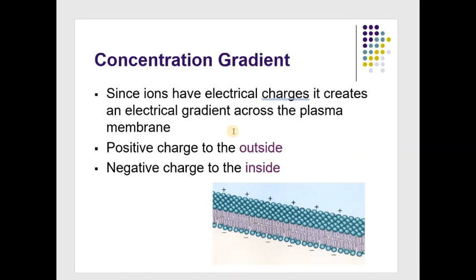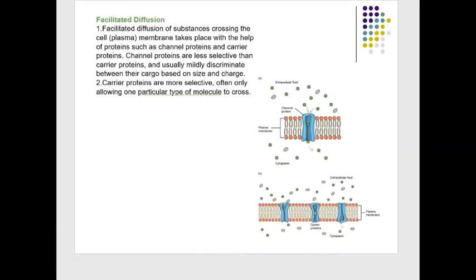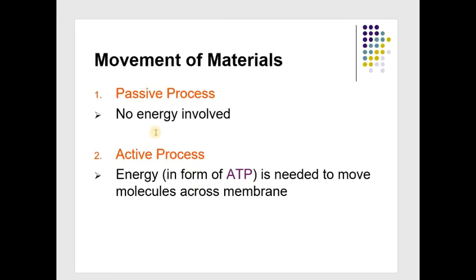So ions are a great way to maintain different charges. So here's an example of allowing certain ions to transfer through to keep the outside of the cell positive and the inside of the cell negative. And this can be done again through these facilitated diffusion channel proteins.